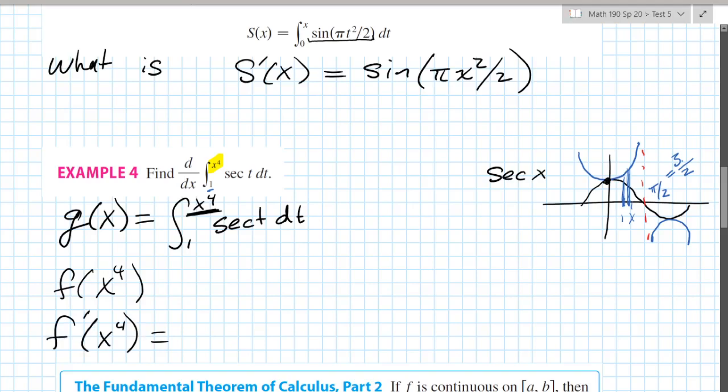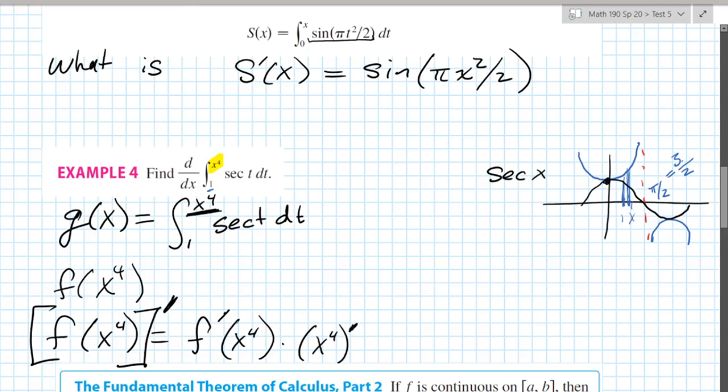Well, you would say the derivative of this is a chain rule. What is the derivative of this thing? It's the derivative of the outside function with the inside still inside times the derivative of the inside function, which is a power rule.